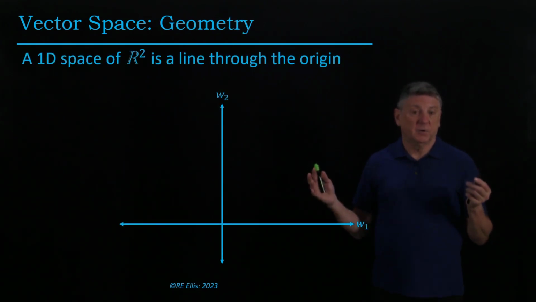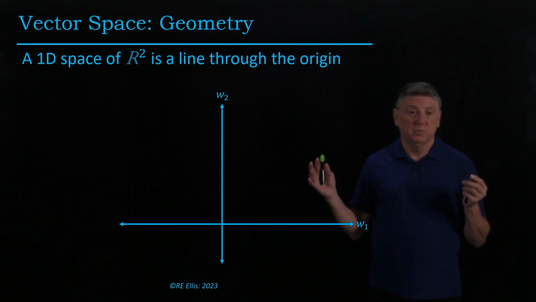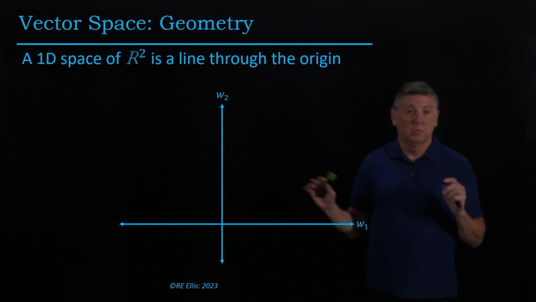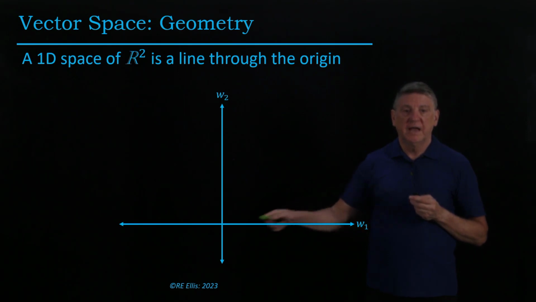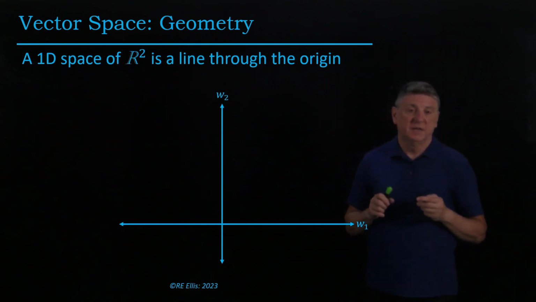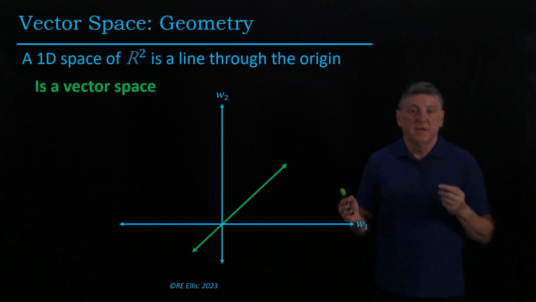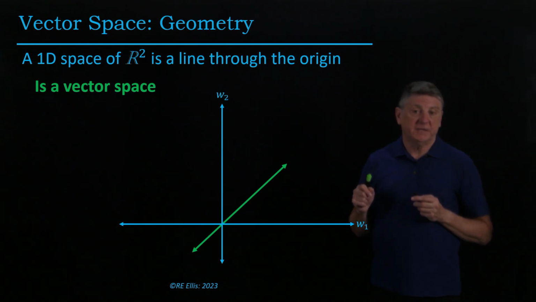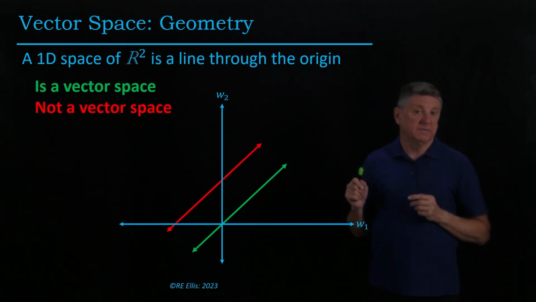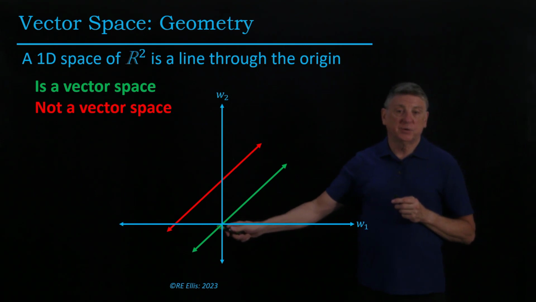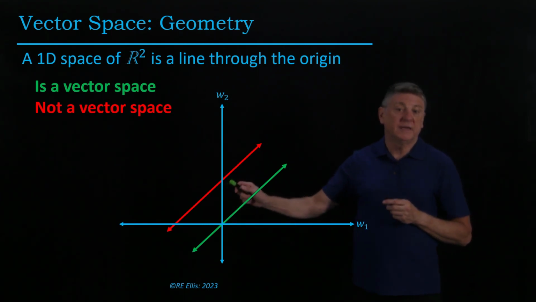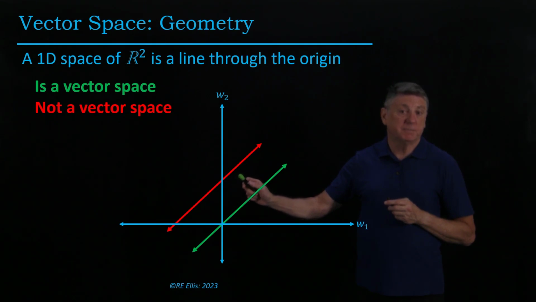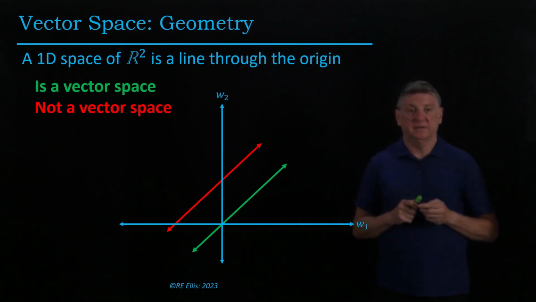Suppose that we have our coordinate space of size 2, R^2, the plane, however you want to refer to it, and here I've drawn coordinate axes that are pictorial only. This green line is a vector space, and this red line is not a vector space. The difference is that the green line goes through the origin, or the 0 vector, and the red line does not. A vector space must contain the 0 vector.